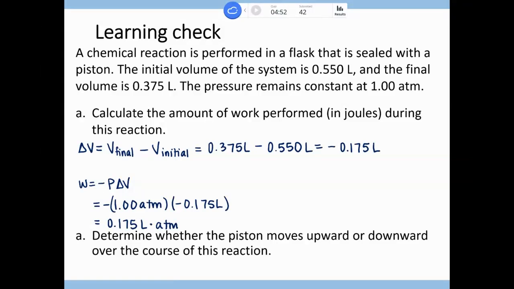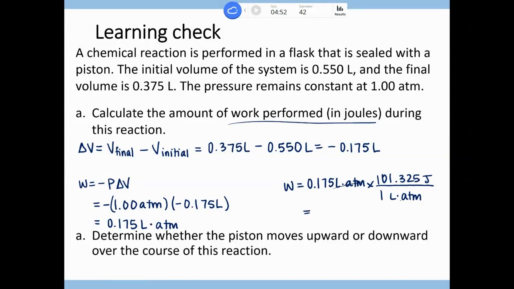So this is the amount of work done, but we're asked for the work performed in joules. So we need to convert this amount of work, which is in units of liters times atmosphere, to units of joules. So work is 0.175 liters times atmospheres times our conversion, which is 1 liter times atmosphere is equal to 101.325 joules.